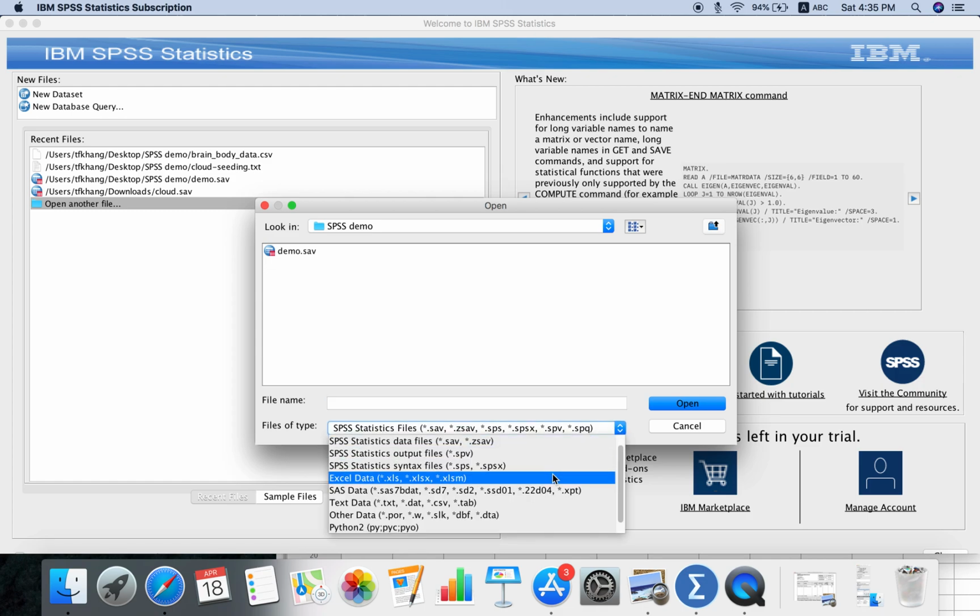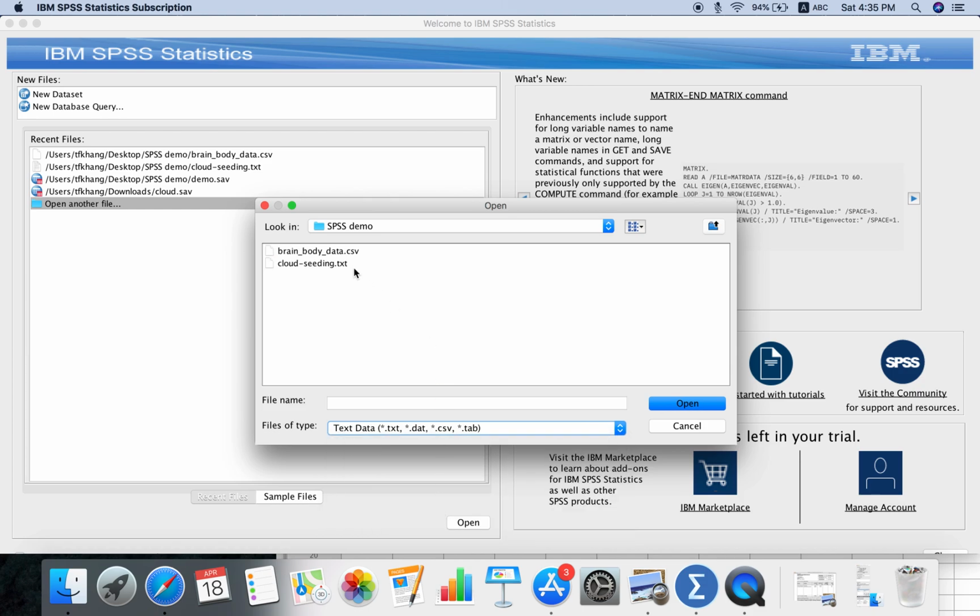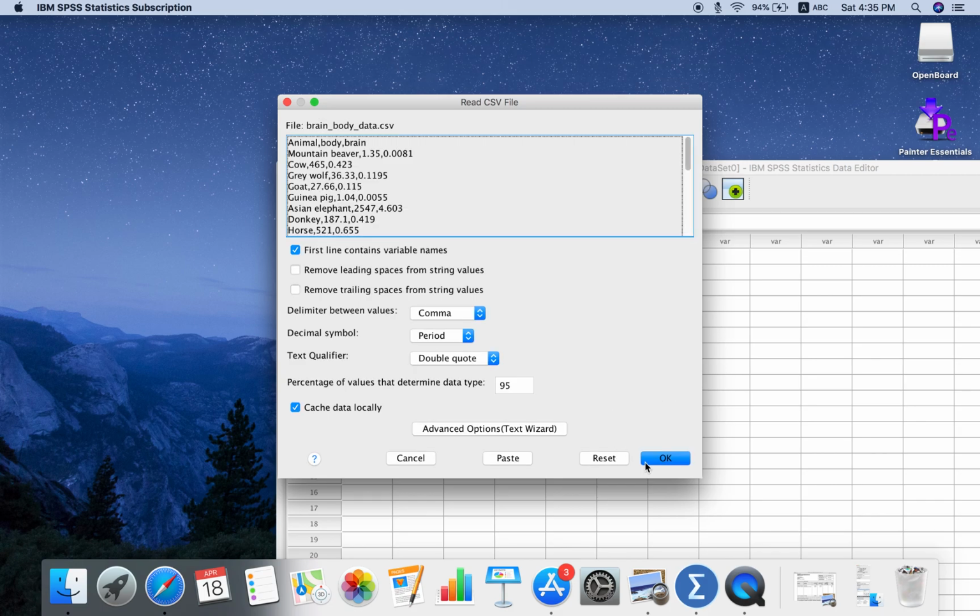This data file is an Excel file, but in CSV format. As usual, we load the data.